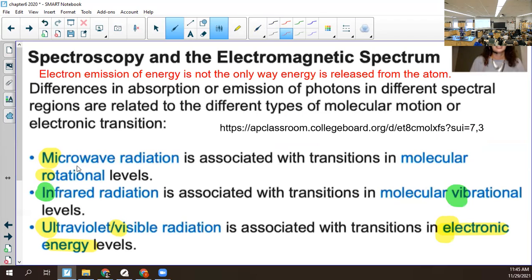We have microwave radiation. It is released when we have a molecular rotation. When atoms inside the molecule literally twist, and that changes their energy, and the energy change is released in the form of microwave radiation. You all right with that? Infrared radiation is associated with transitions in molecular vibrational levels.